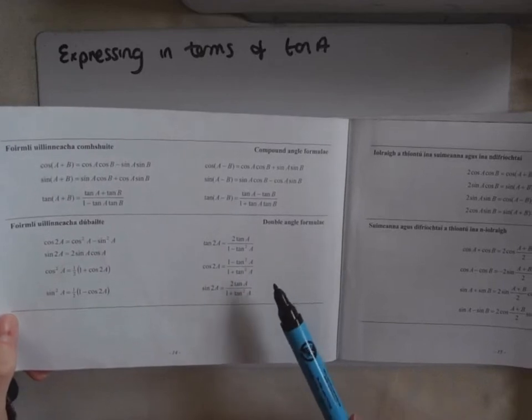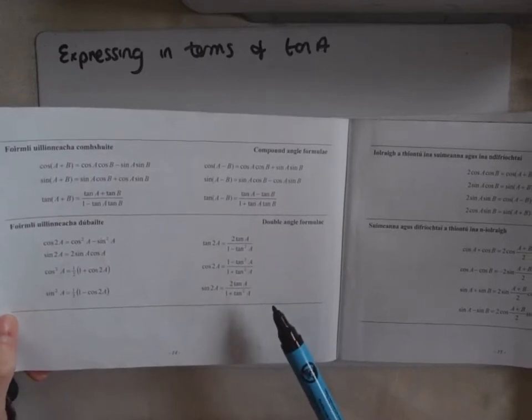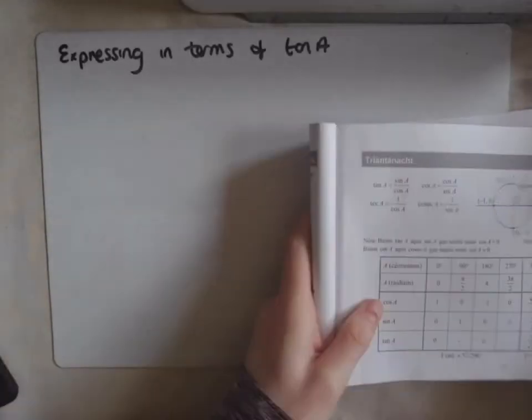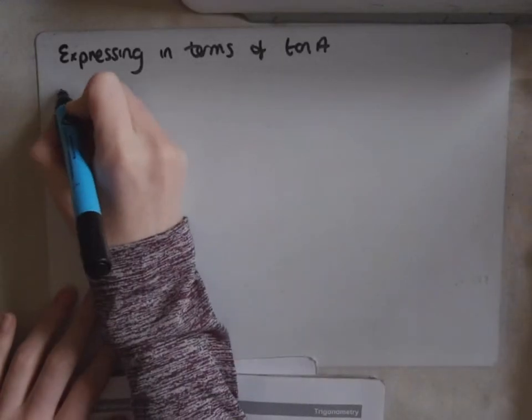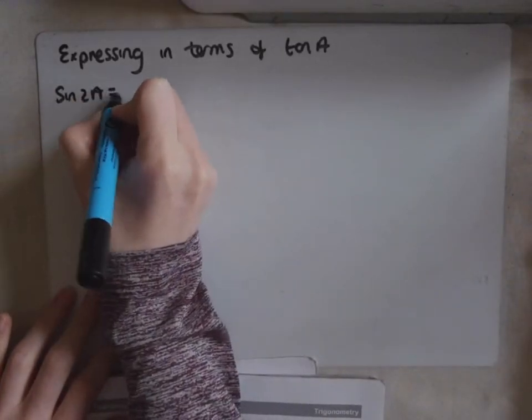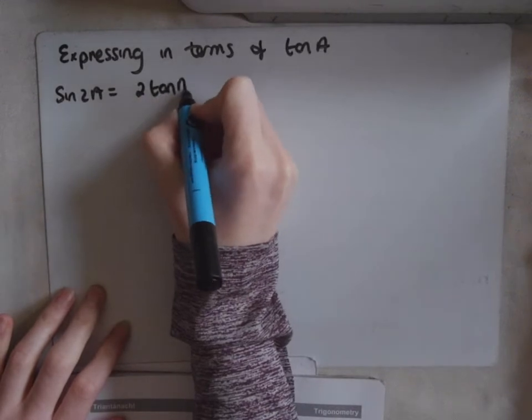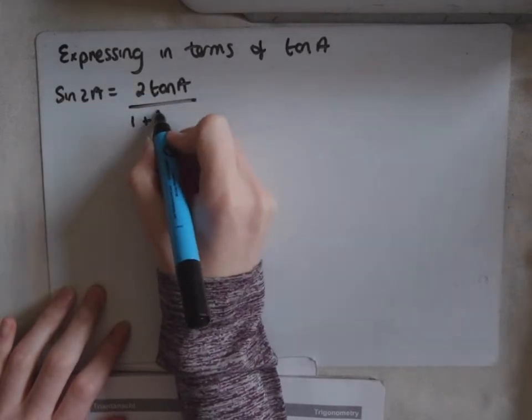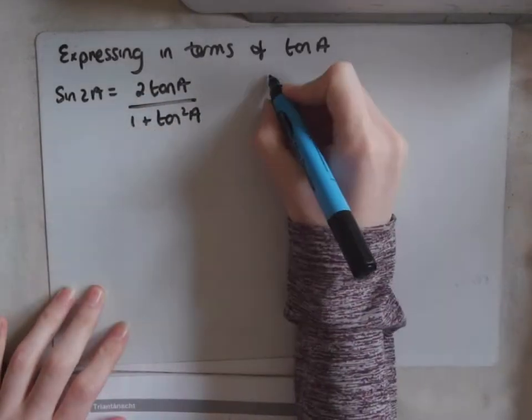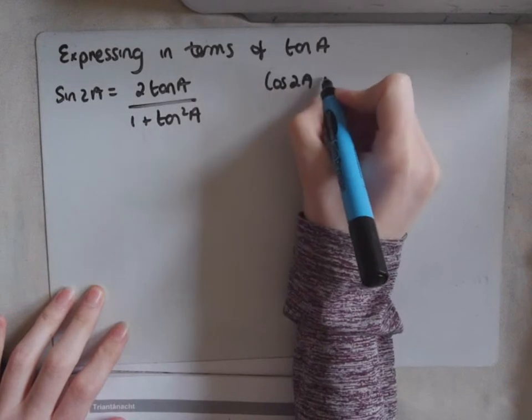You do not have to prove how you got them, okay? So we just have to use them. So all we're going to do is write out sine of 2A, and this is given to you, and cos of 2A.